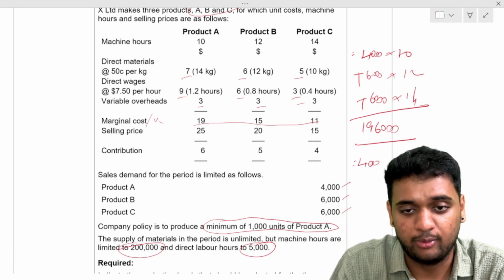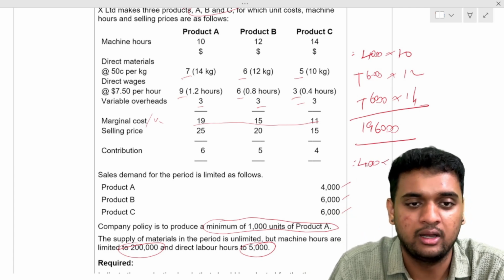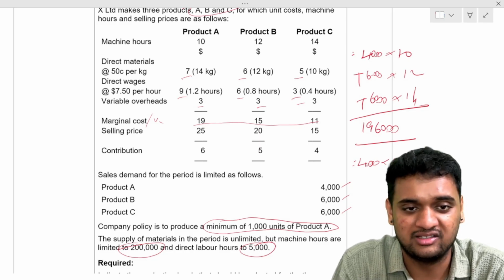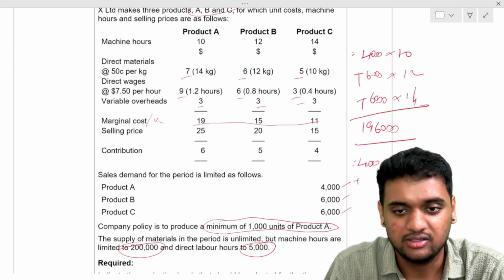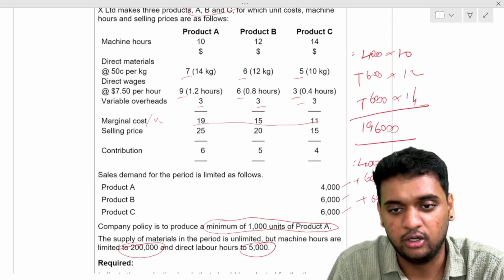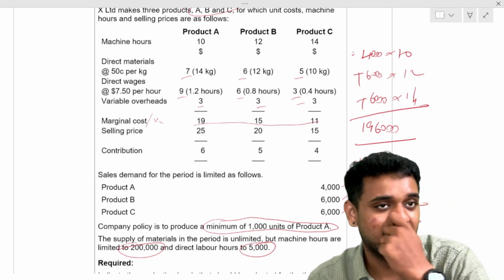4,000 units of A we will produce into 1.2 hours, plus 6,000 units of B into 0.8 hours, plus 6,000 units of C into 0.4 hours.